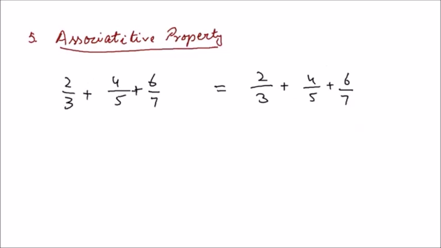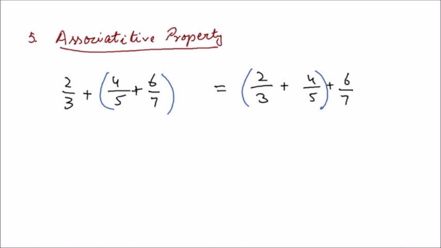Now here is an example. We are adding 2 by 3 plus 4 by 5 and plus 6 by 7. So if we make groups, for example, I make a group of 4 by 5 and 6 by 7, and on this side I make a group of 2 by 3 and 4 by 5. The answer must be the same.